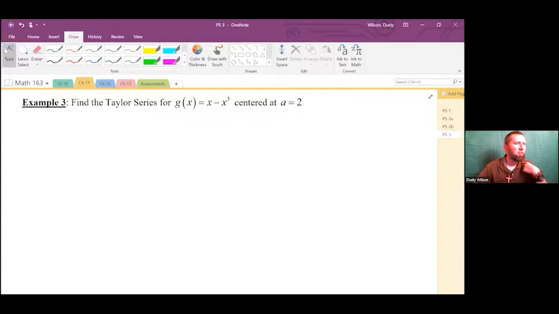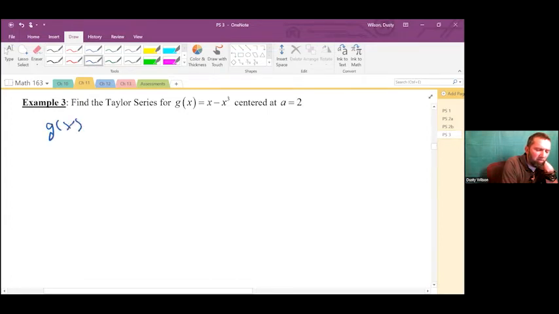Example 3. Find the Taylor series for g of x equal to x minus x cubed, centered at a equals 2. So this question is going to begin like the last one. So we have g of x equals x minus x cubed.